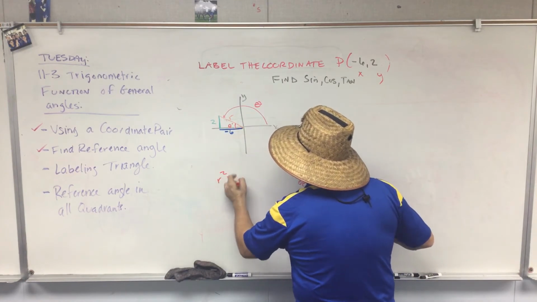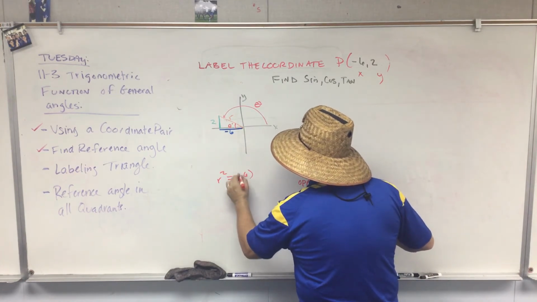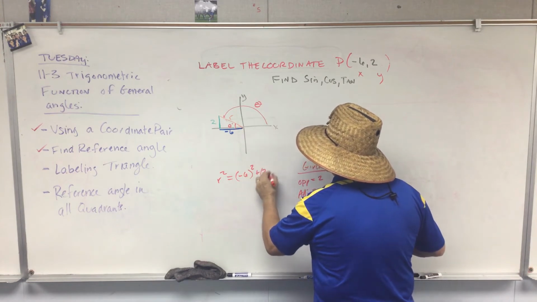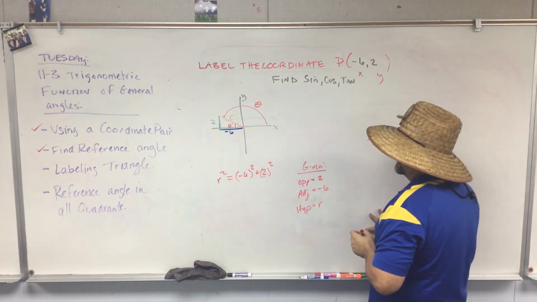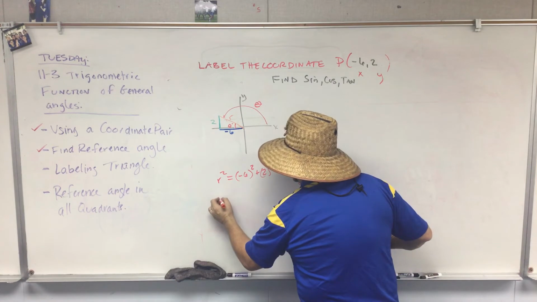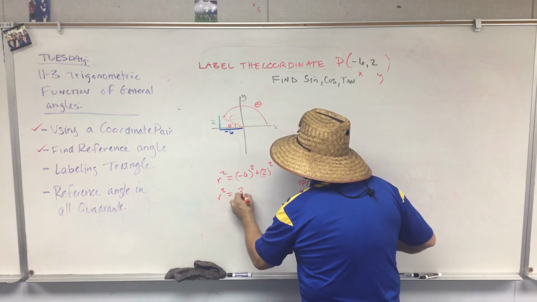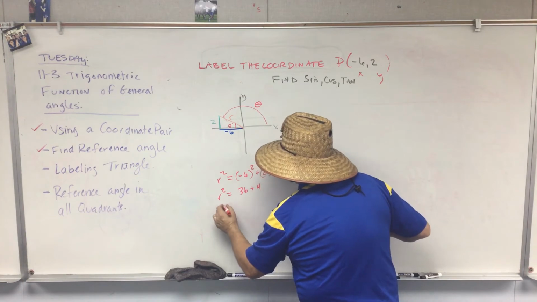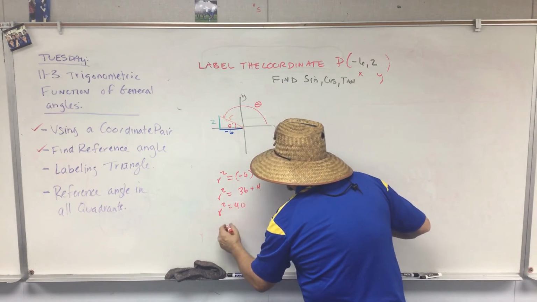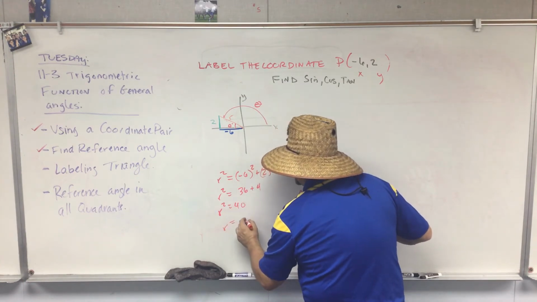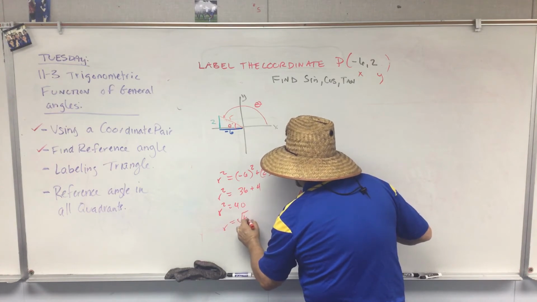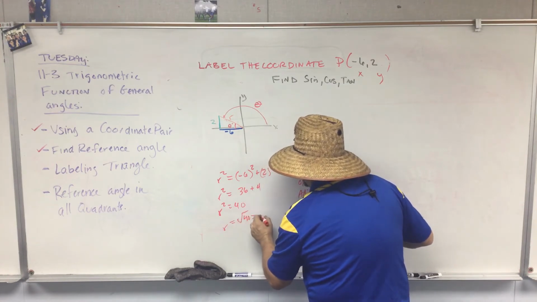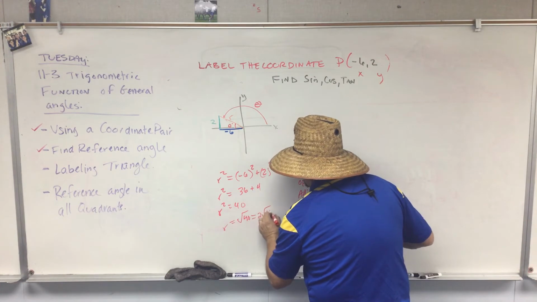R squared equals -6 squared plus 2 squared. We finish this up. We got 36 plus 4. R squared equals 40. R equals the square root of 40, which can be 2 square roots of 10.